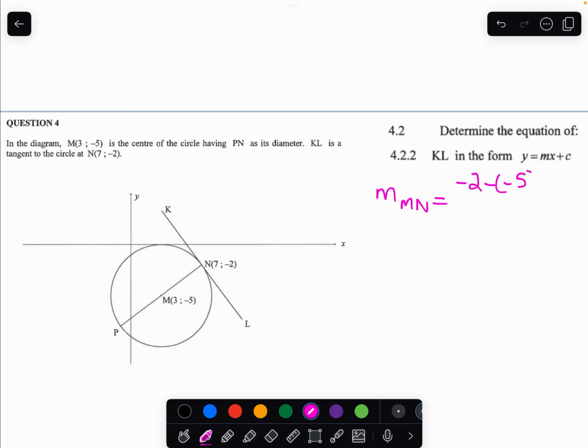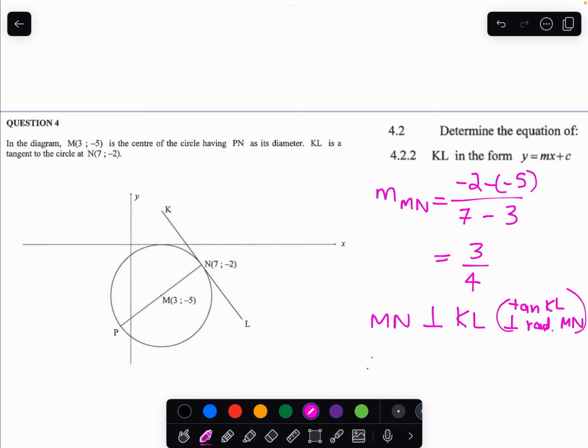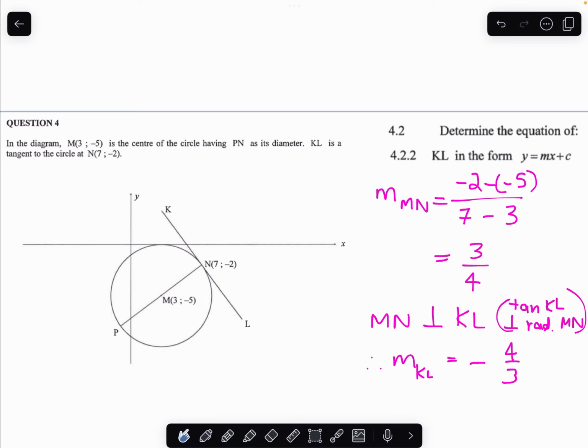Right, and then we know that MN is perpendicular to KL because tangent KL is perpendicular to radius MN. Okay, and so therefore the gradient of KL will be equal to the negated reciprocal of the gradient of MN, so it will be negative 4 over 3.